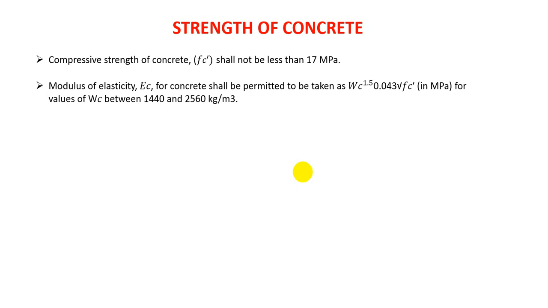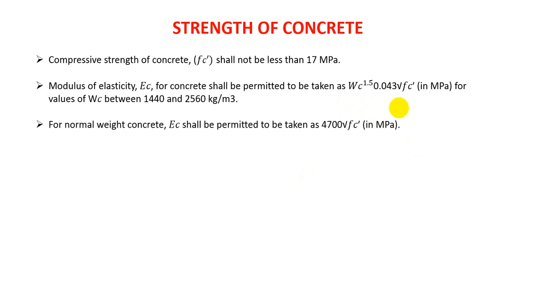I mean, for every cubic meter, if the weight of the concrete is 1440 to 2560 kg, then this is the equation to find our modulus of elasticity for concrete.